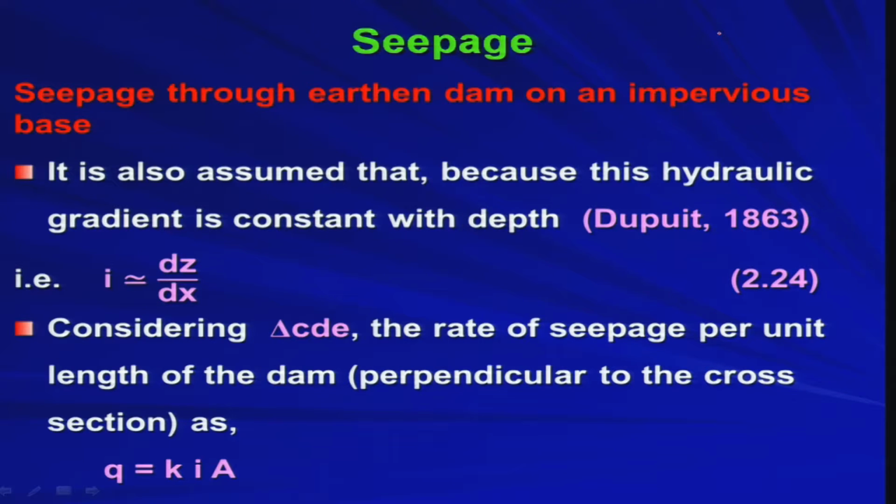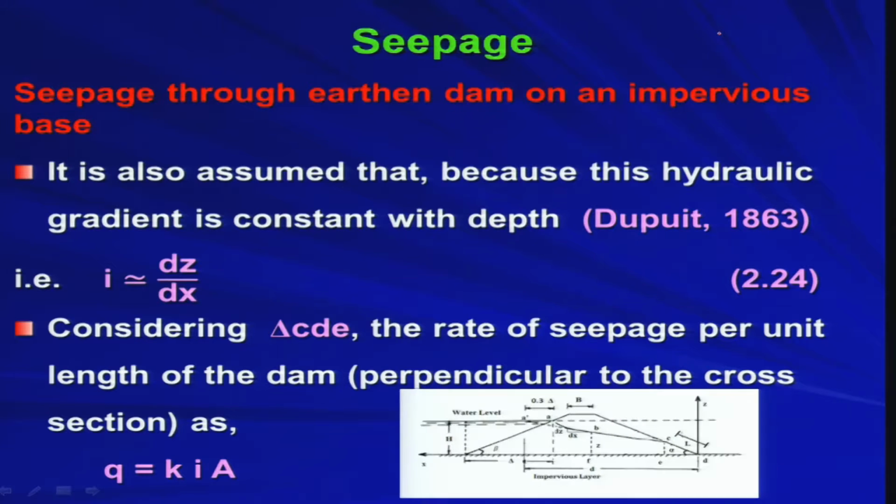Now, considering triangle CDE, coming to this figure once again: this is the parabola, and the slope of this line is dz by dx, which is approximately equal to I based on our assumption.